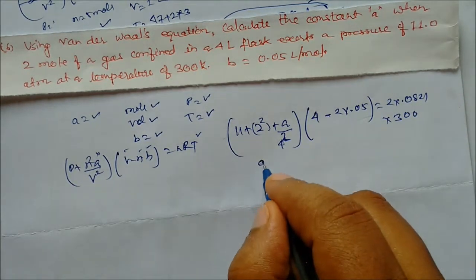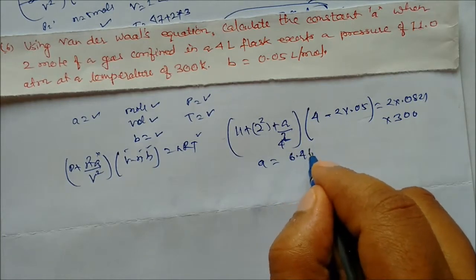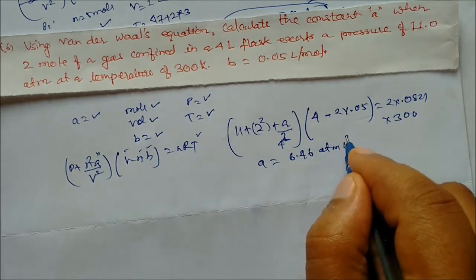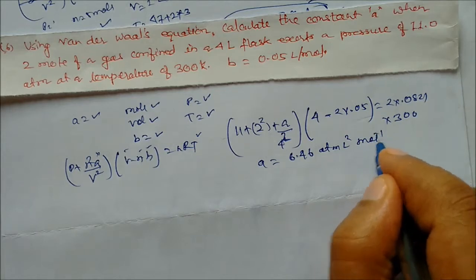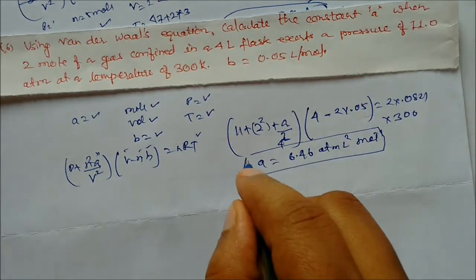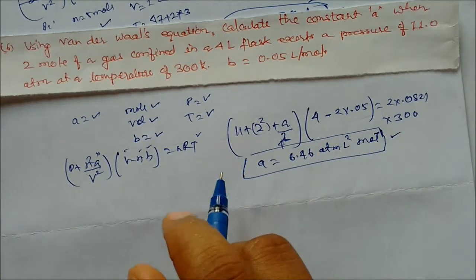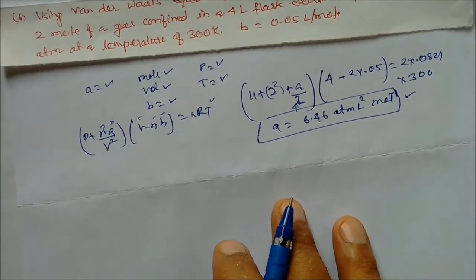If you solve, you will get A value 6.46 atmosphere liter squared per mole. This is the direct value.